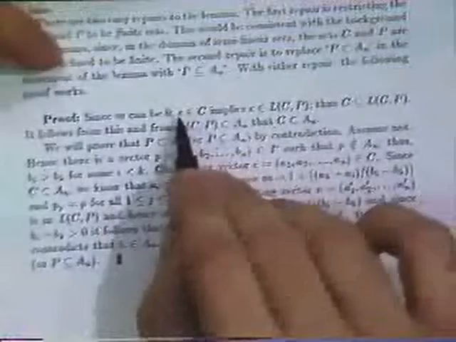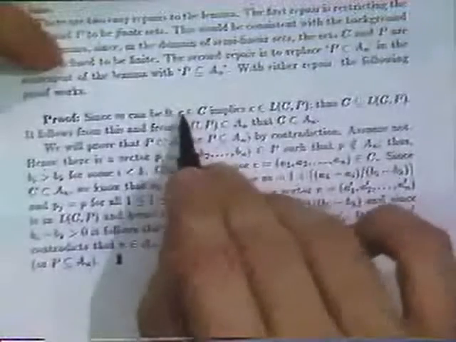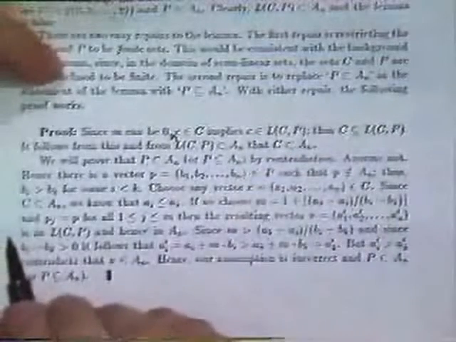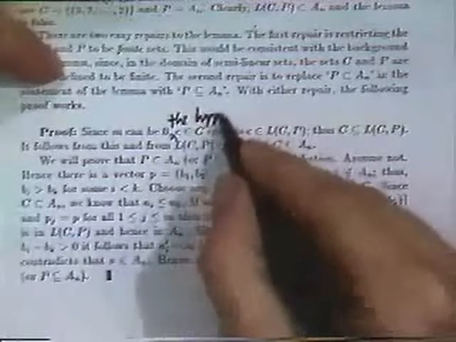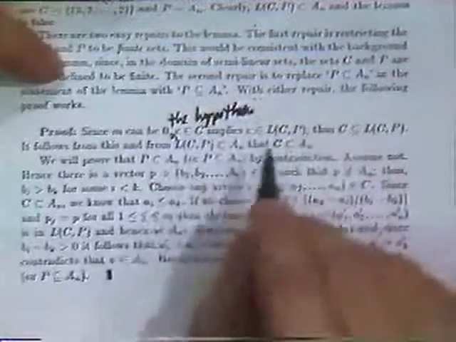Since M can be 0, C and C imply C. We've got to put something between these two things here, right? So the hypothesis C in C implies C in L of C and P, that C is a subset of L of C and P. That's okay.